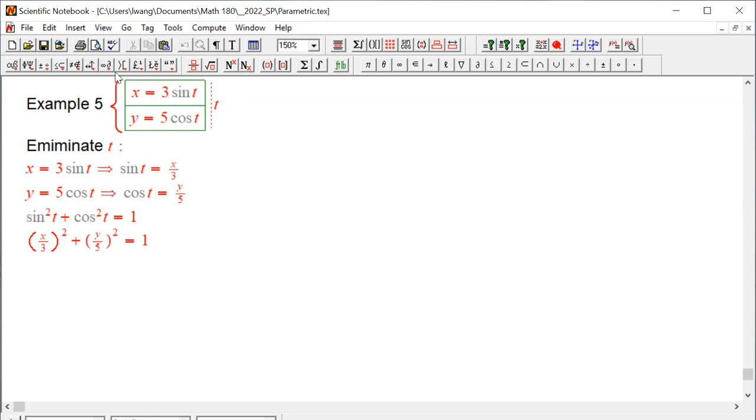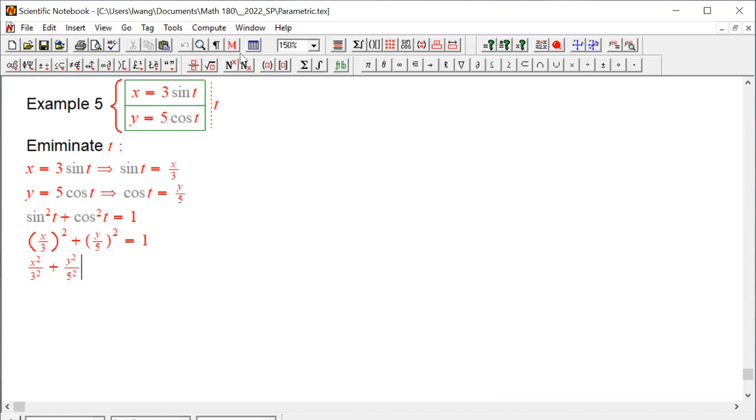Then you wonder, what kind of curve would this be? x squared over 3 squared, oops, not 3 to the power 3, 3 to the power 2, plus y squared over 5 squared.